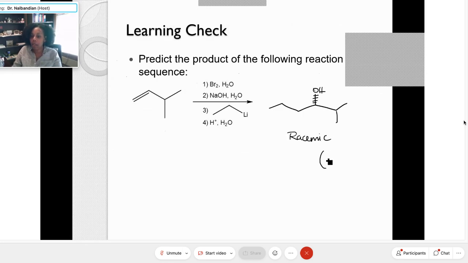So that means that we also have this product. Both of these products are formed. One-to-one mixture, right? Racemic for this. So we get these two products. You can draw one and write racemic underneath it, or you can draw both and write one-to-one or enantiomers or something along those lines.